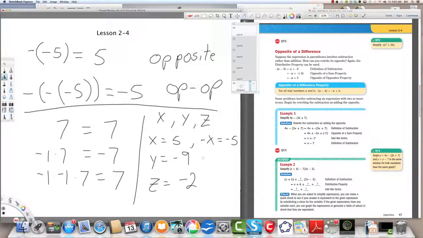The opposite of y is equal to, well, it's the opposite, so that's 9. It's a negative negative. The opposite of z is equal to 2, because it was originally a negative term.